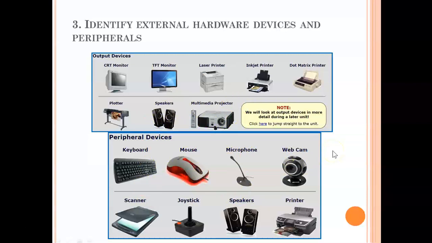That's external hardware devices and peripherals. Just keep in mind, peripherals are additional pieces of hardware that you can connect to your computer, like through USB. A keyboard you can plug into your computer. These are additional things that you can attach to your computer. They're not really needed for your computer to work or to start up.